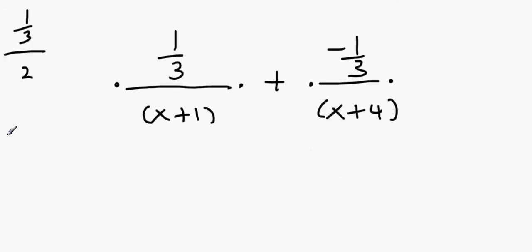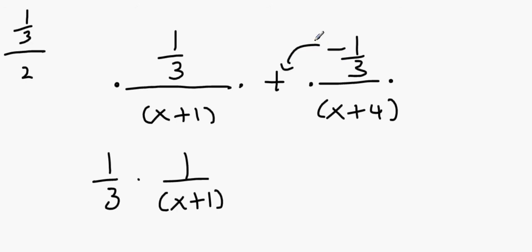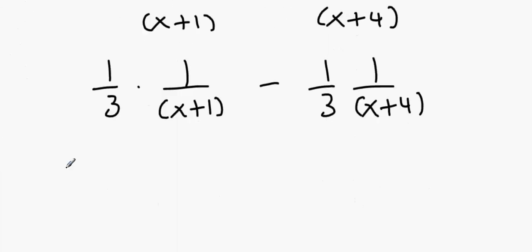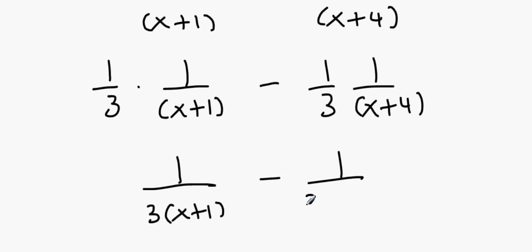So it's the same thing as a third multiplied by 1 over x plus 1. In the same way, you're multiplying by minus a third, so that's going to be minus a third multiplied by 1 over x plus 4. And the way the question is going to look at the final answer is going to be 1 over 3 into x plus 1 minus 1 over 3 into x plus 4.